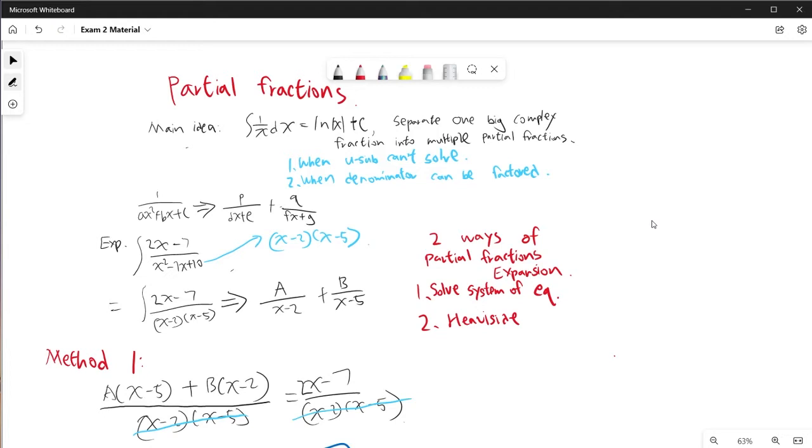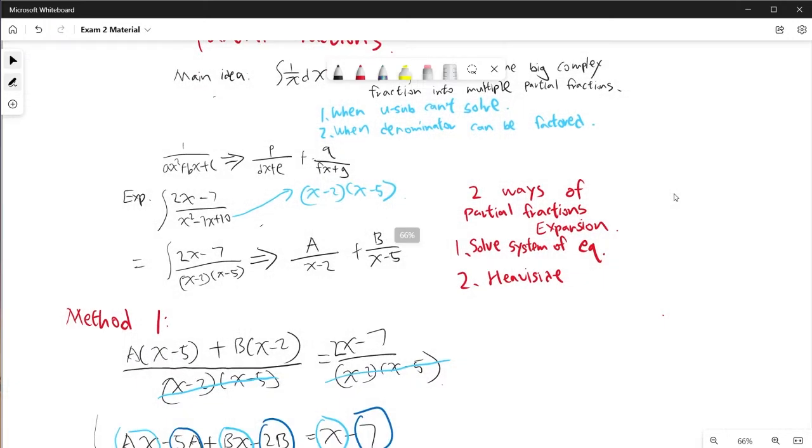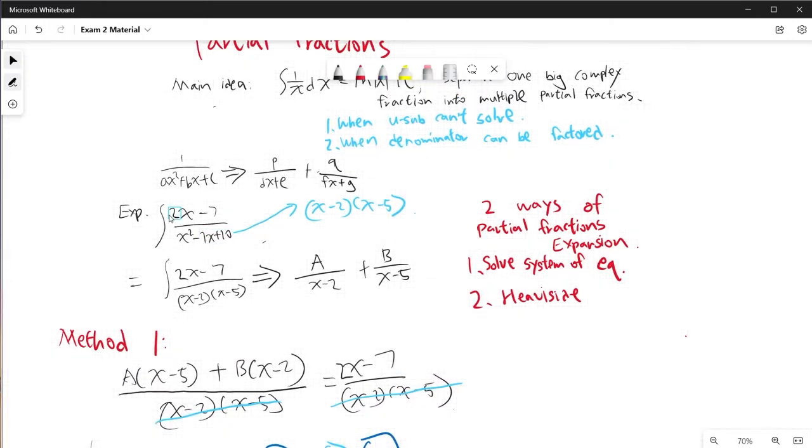It comes in when you have a denominator that can be factored. For example, say we have x squared minus 7x plus 10 on the bottom. That's actually factorable, with minus 2 and minus 5, right?